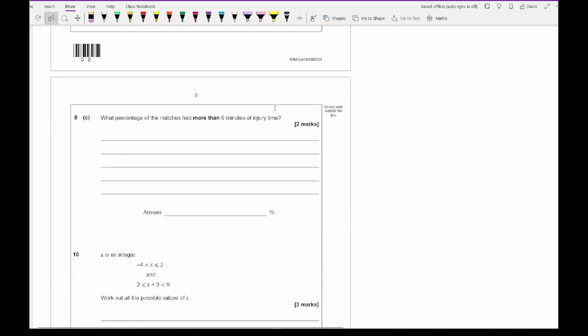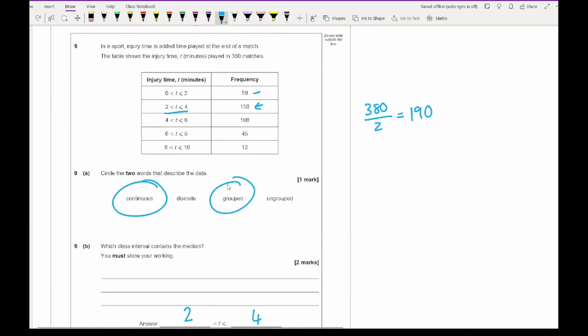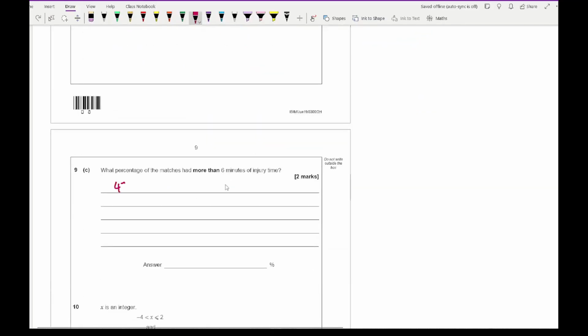The next question says what percentage of the matches had more than 6 minutes of injury time. So more than 6 is going to be here, so it's going to include 45 and 12. If I do 45 plus 12, which is 57, 57 over 360, and because it wants the percentage, I multiply that by 100.